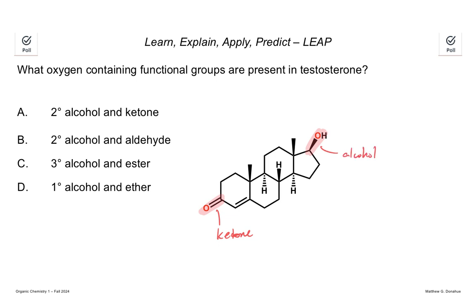And this is specifically a secondary alcohol. So visually you see that. Both of those functional groups have oxygen. The oxygen's in different bonding patterns. So infrared spectroscopy will tell you that those 2 functional groups are present in the molecule.